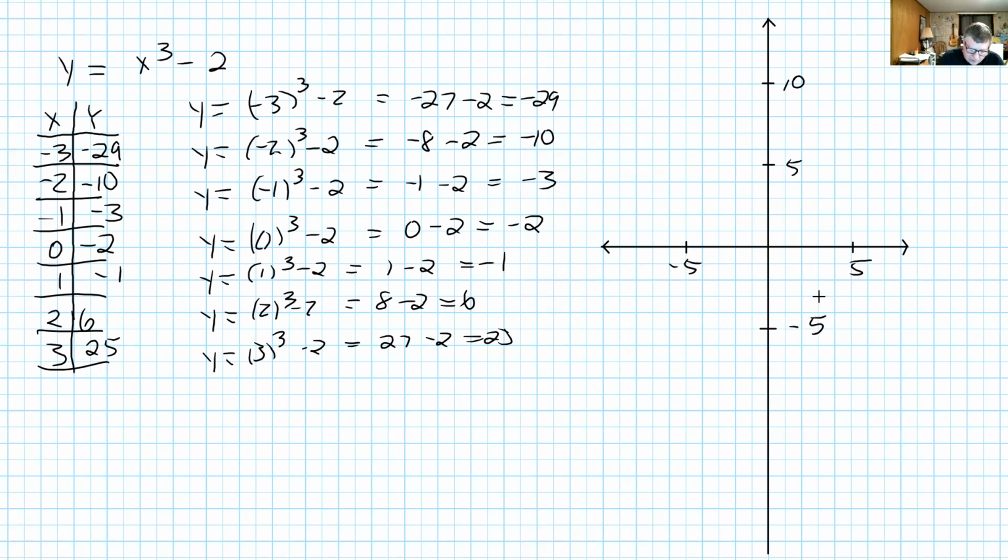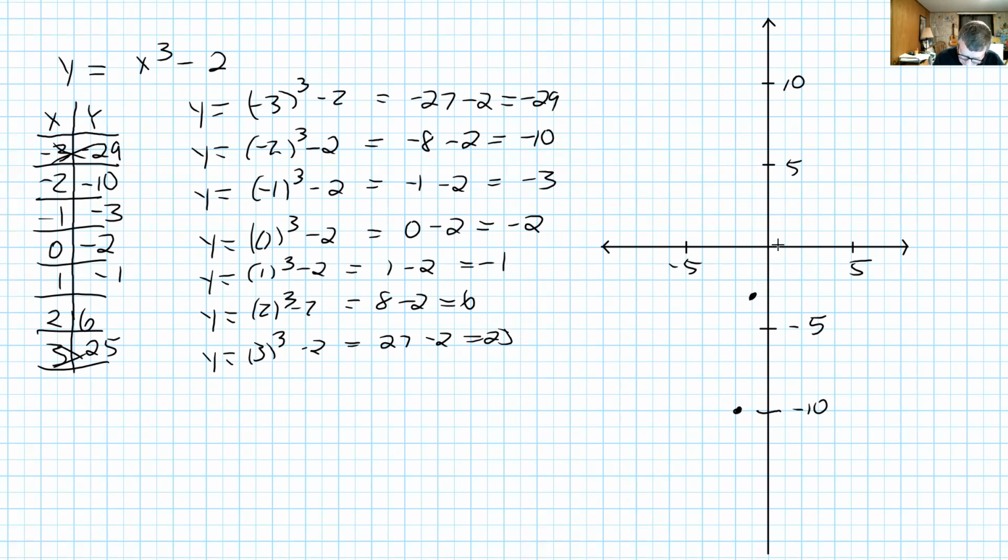Well, I'm going to go ahead and stick with the scale that I've got here, which means I won't be plotting all those points. I'm not going to plot that point or that point on this graph. If x is -2, y is -10, so that's going to be down here. Is that right? -2, -10. If x is -1, y is -3.